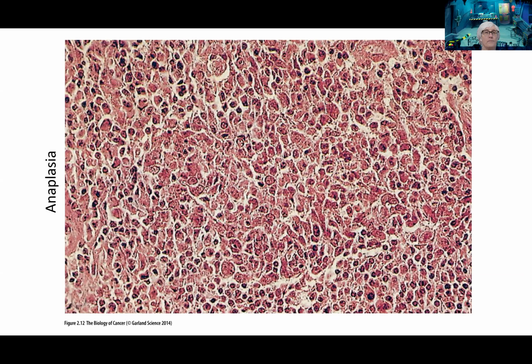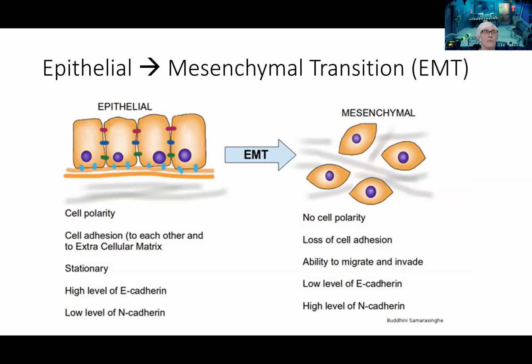It's extreme. A less extreme example of this trans or dedifferentiation is something that we term epithelial to mesenchymal transition, or EMT. This occurs when epithelial cancers or carcinomas lose their epithelialness, if that's a thing.